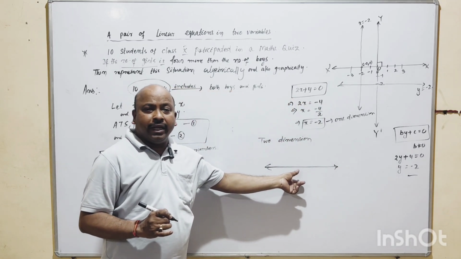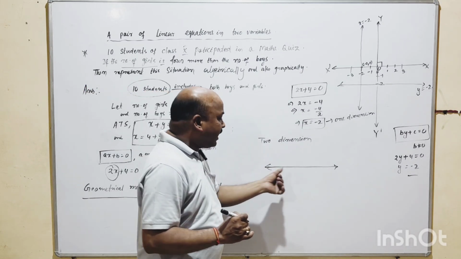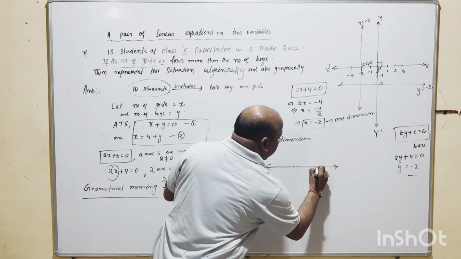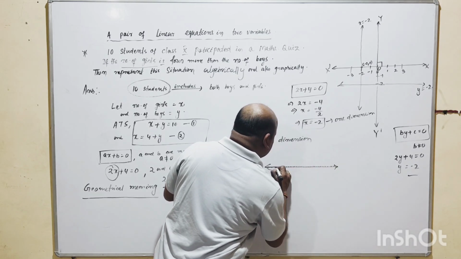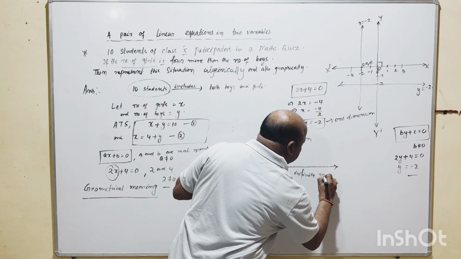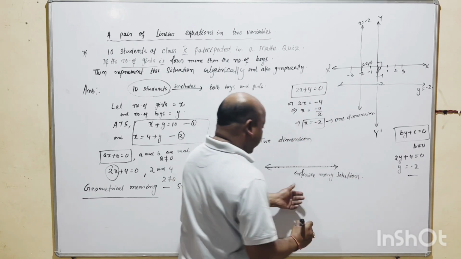The geometrical meaning of a linear equation in one variable is a straight line, and it has infinitely many solutions, because there are infinite points on this line. Just listen carefully and understand it.